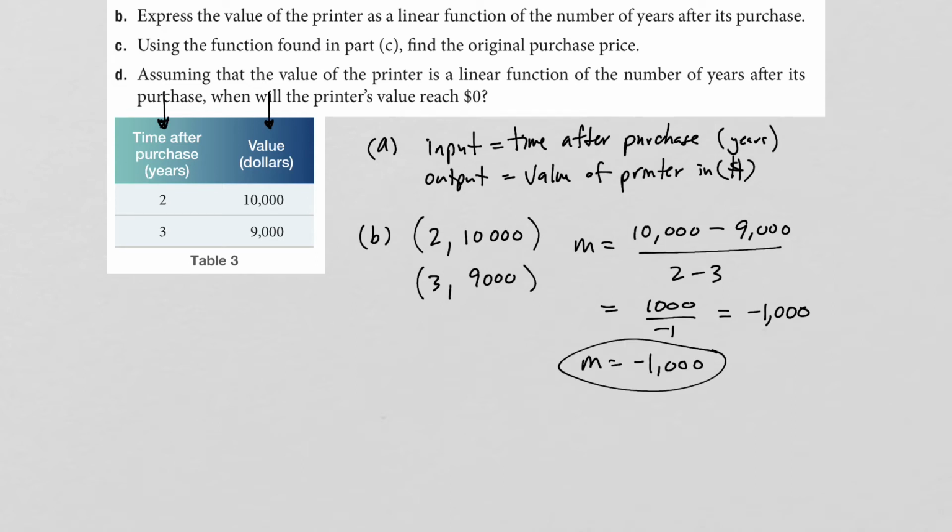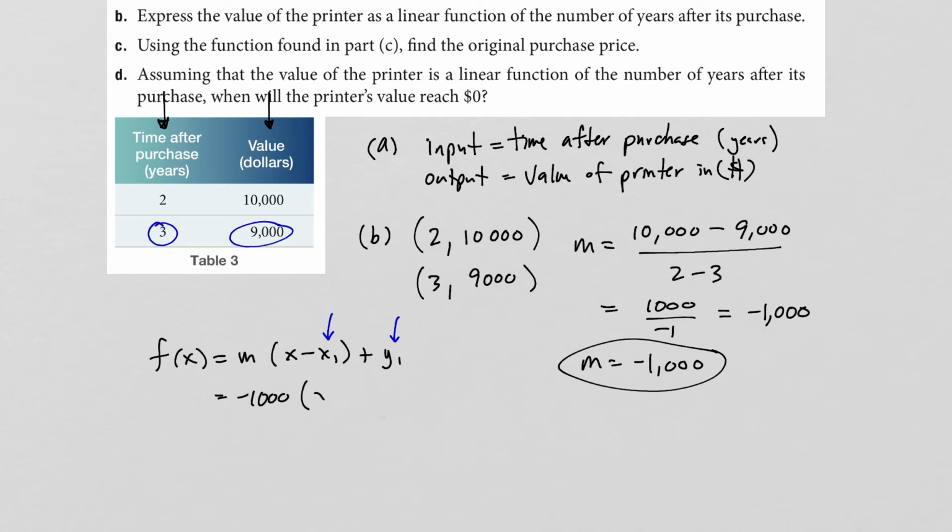From there, I can use the formula f of x is equal to m times x minus x1 plus y1. And I will plug in our slope, which is -1,000. And then the x1 and y1 that I'm going to choose can be either of these 2 points. I'll choose the second point for this one.